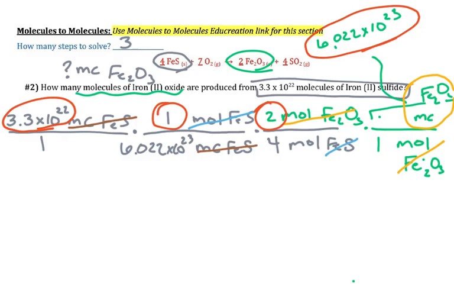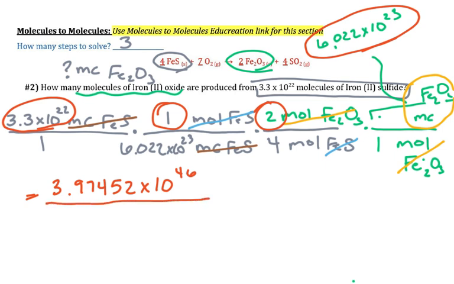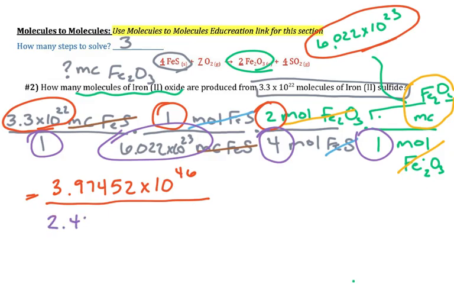So I end up with 3.97452 times 10 to the 46 in my numerator, dividing by, and we're going to multiply everything in our denominator, 1 times 6.022 times 10 to the 23rd times 4 times 1, which is 2.4088 times 10 to the 24th.